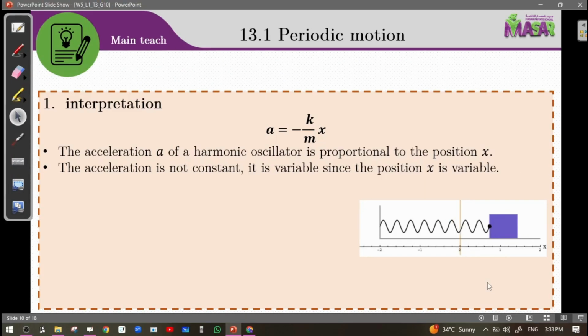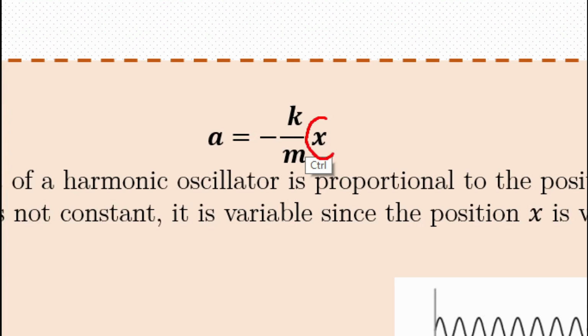At each moment, according to this video, the position of the object varies, which means every moment we have a new position for the block. Since we have a variable on the right-hand side, and this is constant and this is constant, this is why the acceleration will also be a variable.